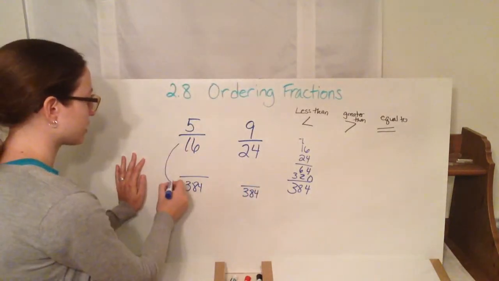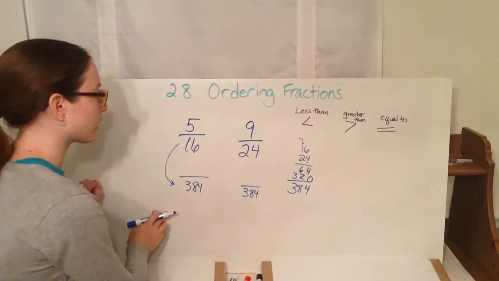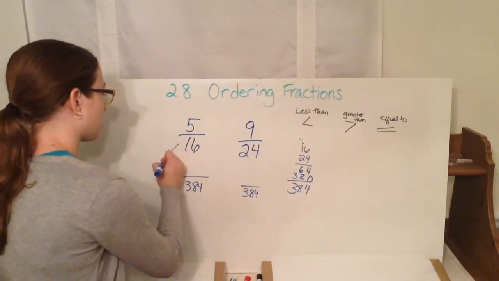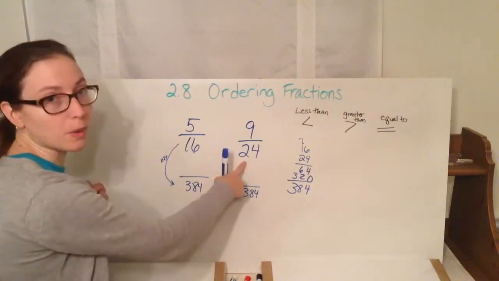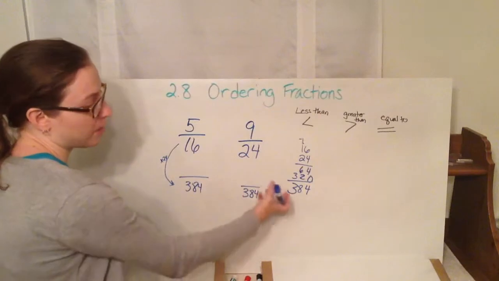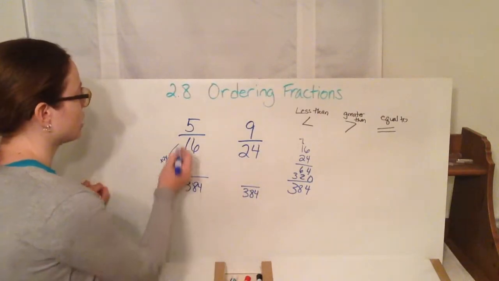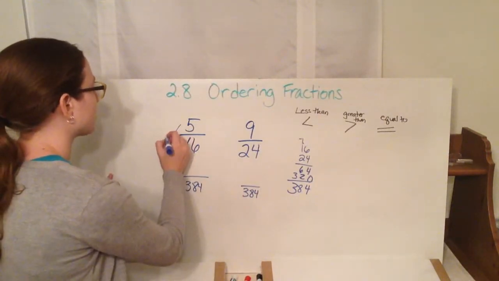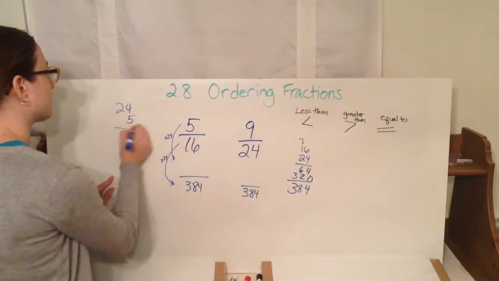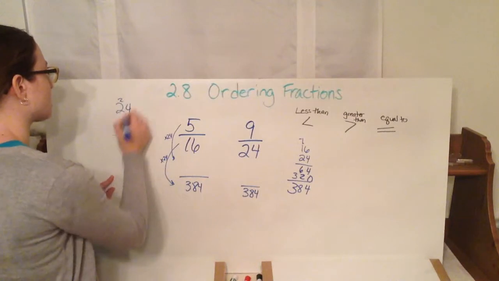Okay, so in order to get from 16 to 384, all I had to do was multiply by 24. There's a smaller number that these both go into, but I don't want to do the work for it. And multiplying is pretty quick. So I'm going to multiply 5 times 24 as well, which is 120.